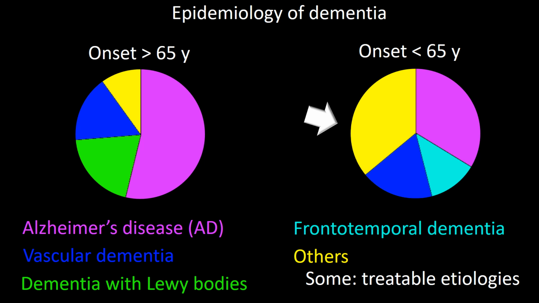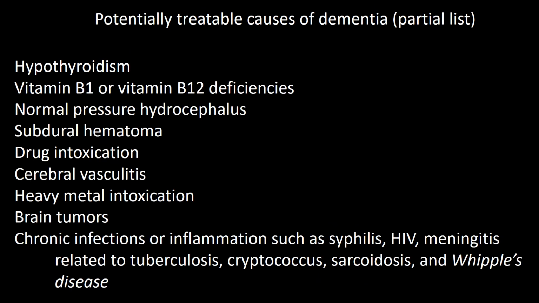Treatable disorders are more common in younger than in older patients, but even after 65 years of age, you may find etiologically treatable dementias. This is a partial list of treatable conditions that can produce dementia.